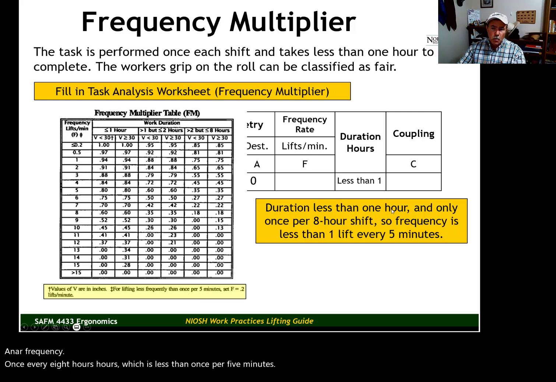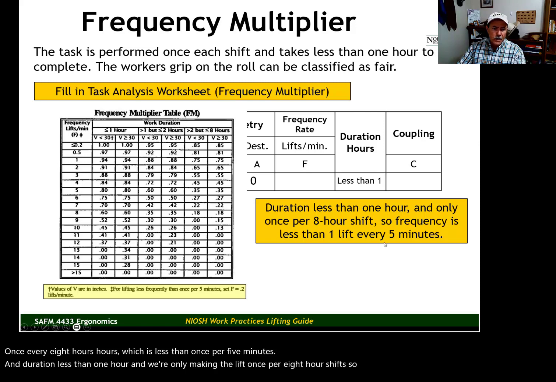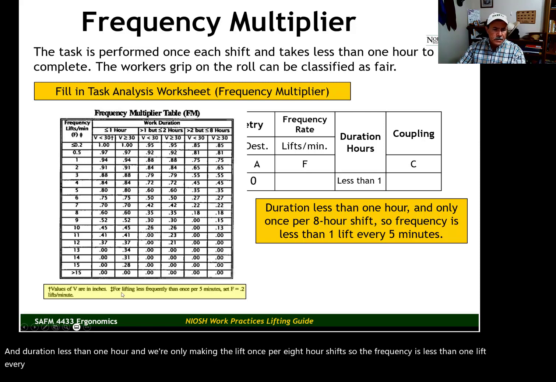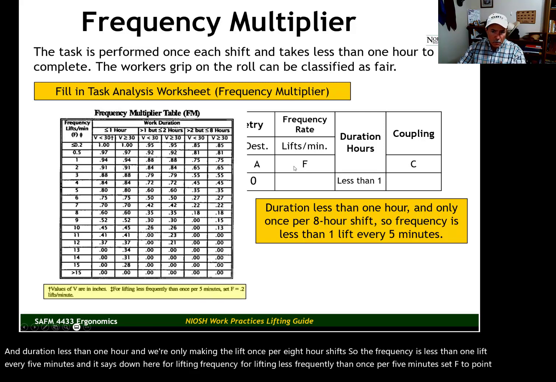We're only making the lift once per 8-hour shift. So the frequency is less than 1 lift every 5 minutes. And it says down here, for lifting less frequently than once per 5 minutes, set F to 0.2.